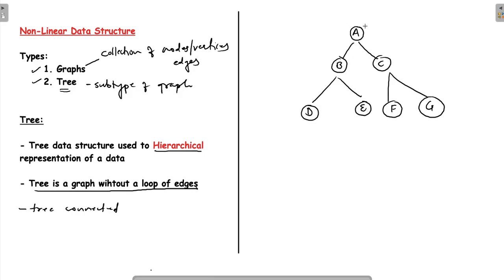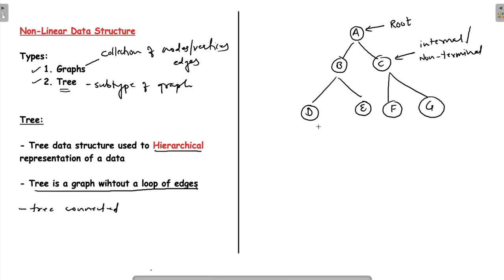The node which is at the top of the tree is always called the root node of your tree. Then the nodes which are internal are called internal nodes or non-terminal nodes.